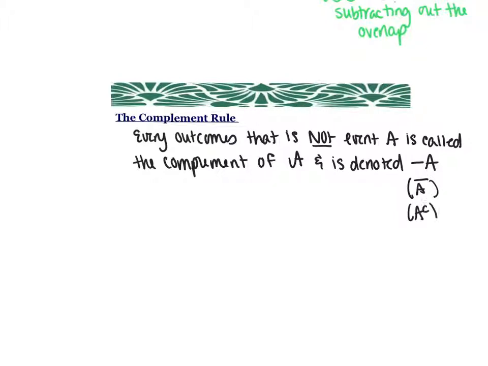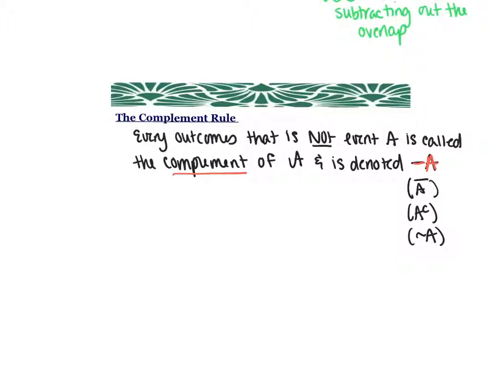I've seen A superscript C for a complement. I've seen tilde A. I've seen these in various textbooks throughout my career. I'm going to use this one right here in class for the complement of A.